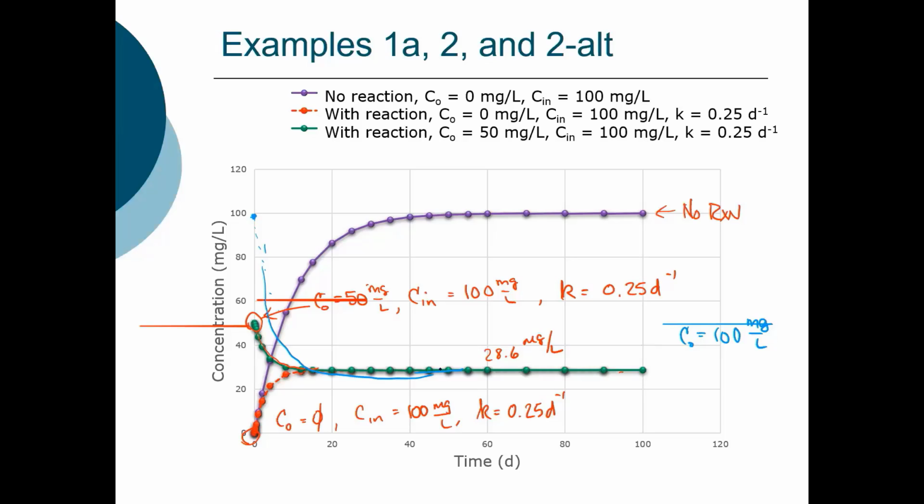Okay. So the steady state concentration is independent of that initial concentration in the reactor. It's dependent entirely on what you're pumping into the reactor and the rate constant. Think about that mathematically.